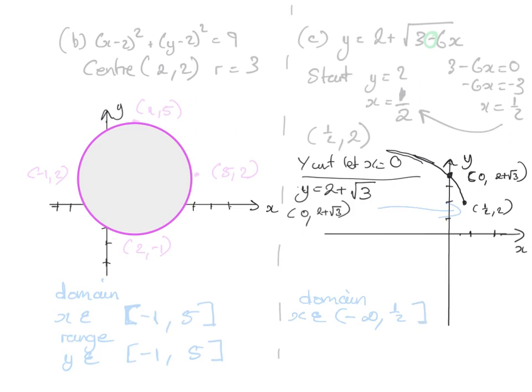We are including that x value. And the range for this one, again, let's have a close look at it. Our y values start from 2 and go up to infinity. So y is an element of, okay, we are including 2 and going up to infinity, round bracket for infinity. And that is part C.